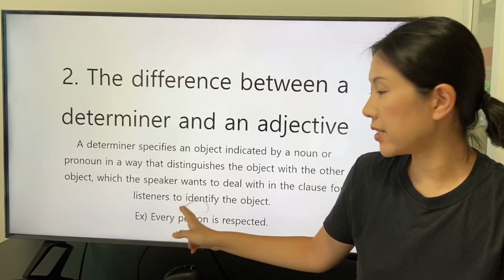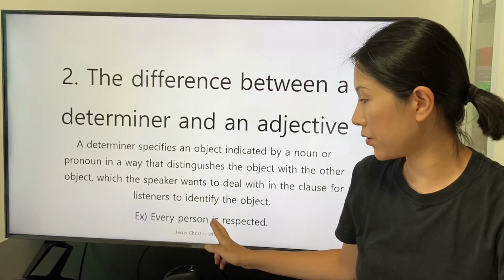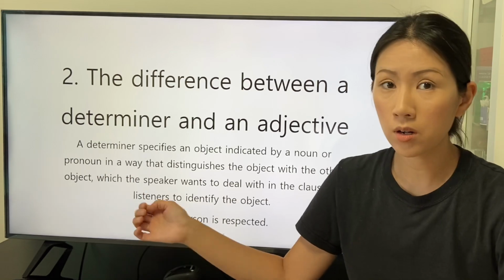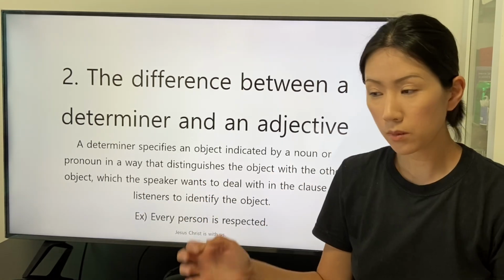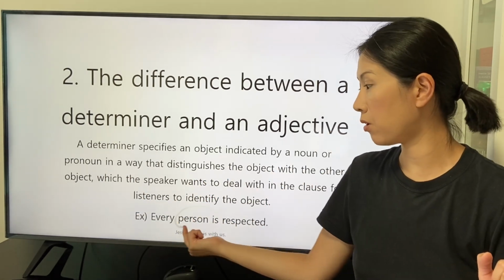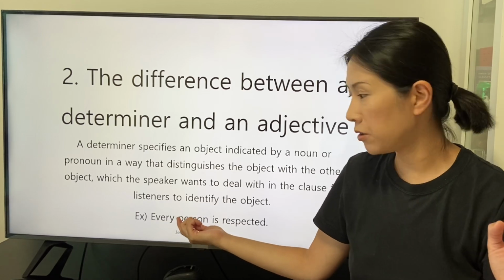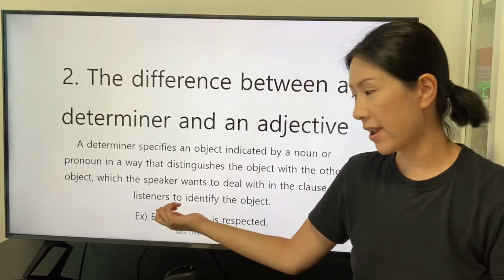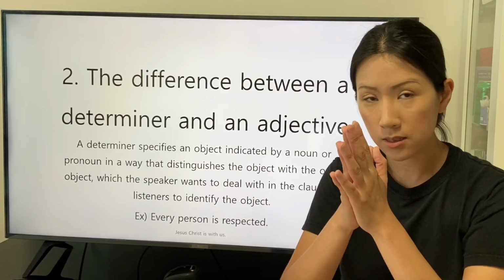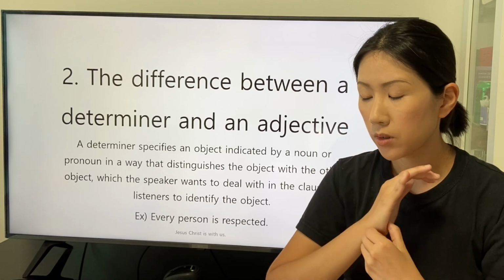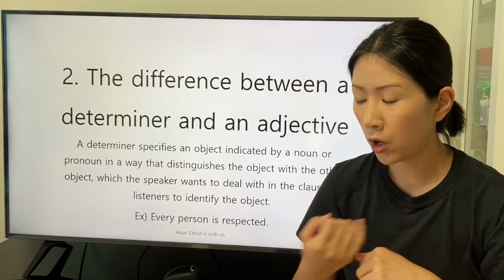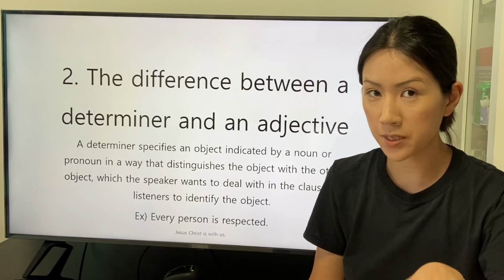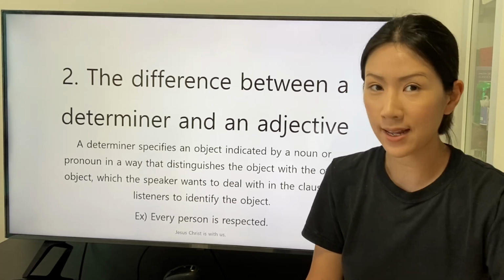The subject as a group is described by the be verb is. The subject indicated by the general noun and described by the determiner every convinces us about the fact that the number of the subject is considered as 1.